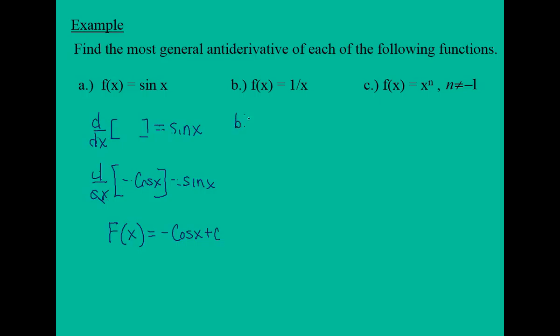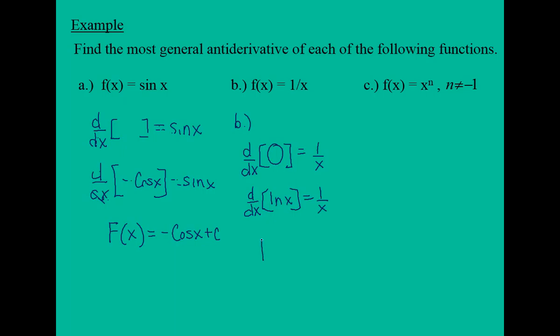Part B, let's think about this the same way. If we took the derivative of some function and got 1 over x, what would this function be that we took the derivative of to get 1 over x? And we're thinking, well, if we get 1 over x, we took the derivative of ln of x.